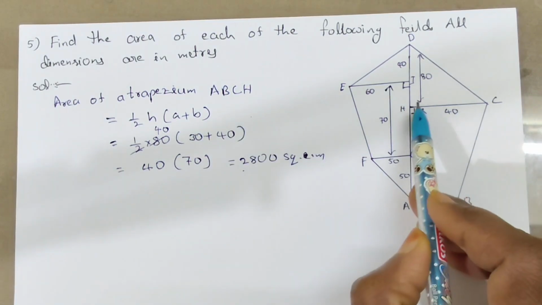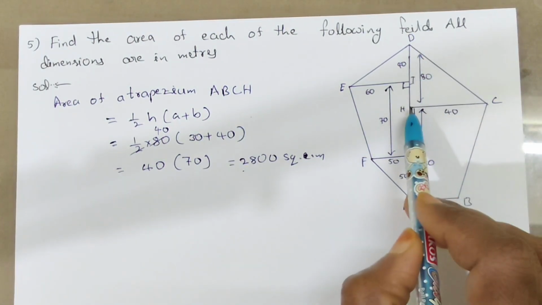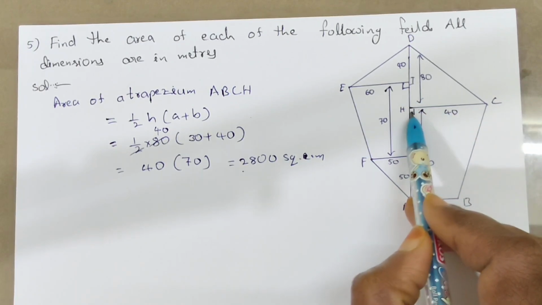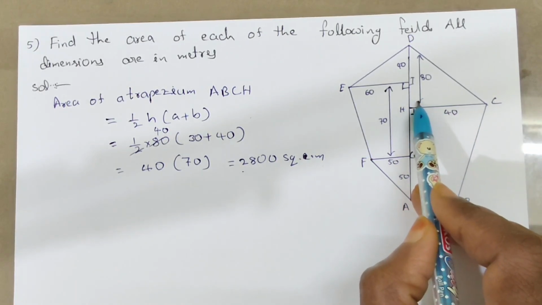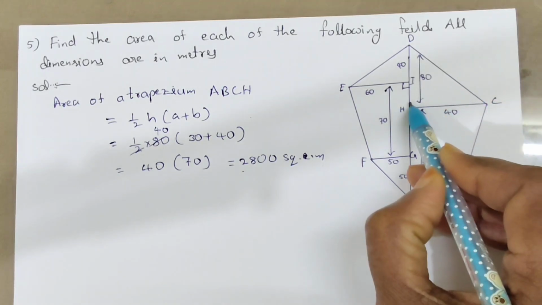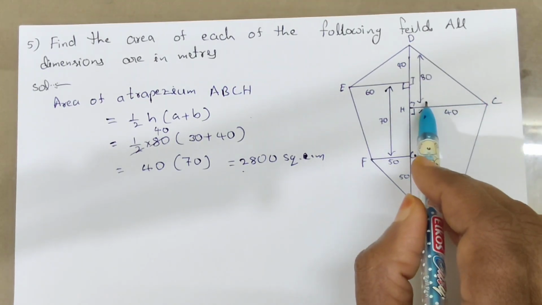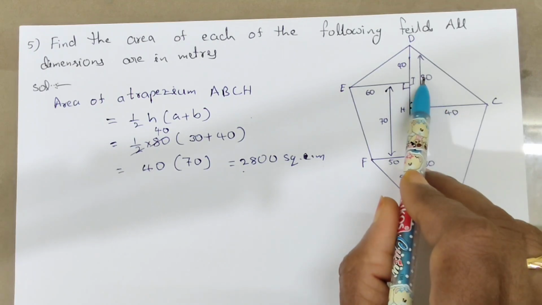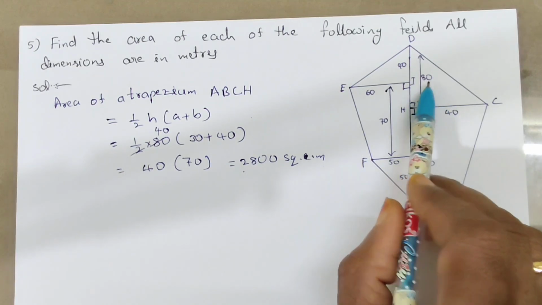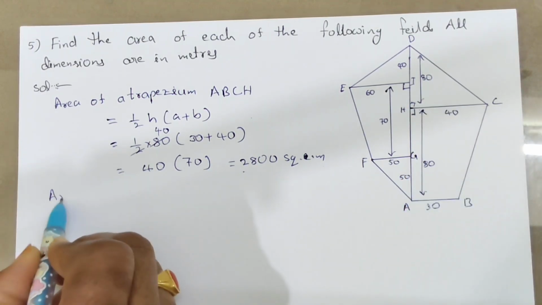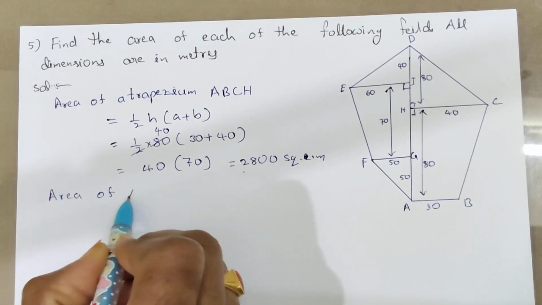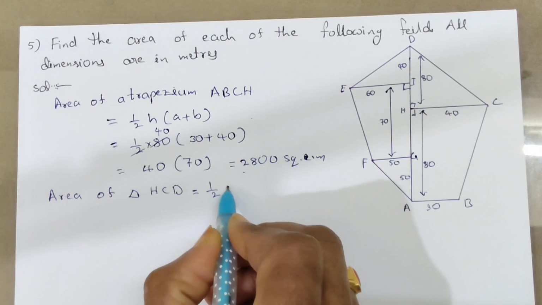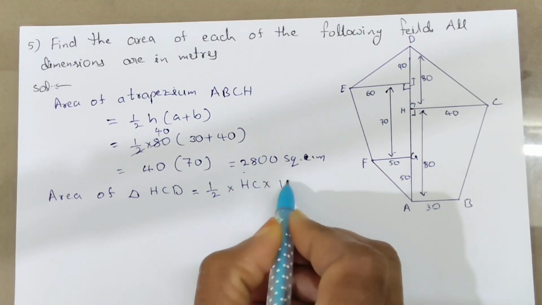Next we find the area of triangle HCD. Here 90 degrees is given, so this is a right angle triangle. We know the base and height, 40 and 80. Now we find the area of triangle HCD, which is equal to 1 by 2 into HC into HD.